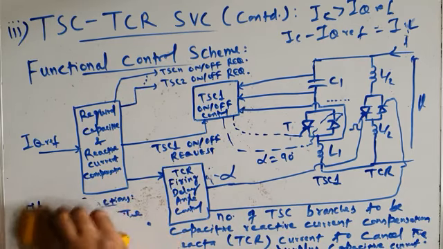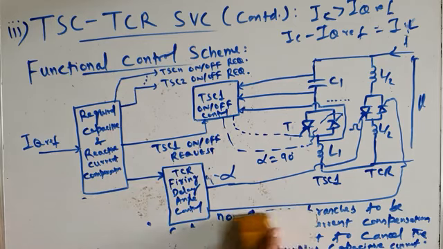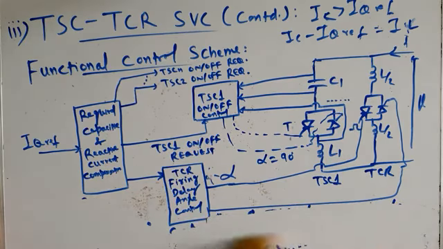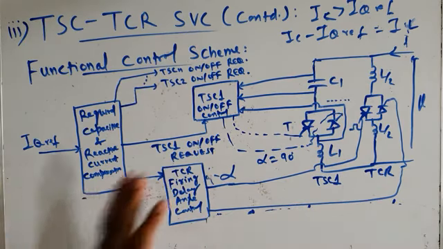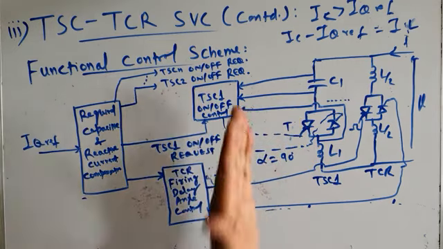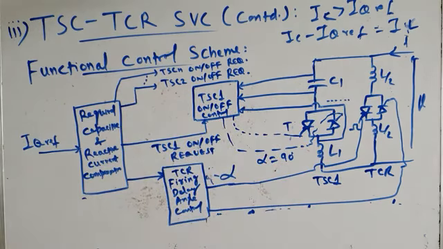What is the second function performed by this block? The second function is that whenever it decides that, say, 2 or 3 TSC branches have to be turned on, they have to be turned on in such a way that a transient free switching results.